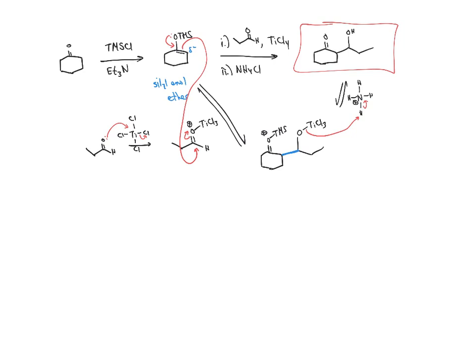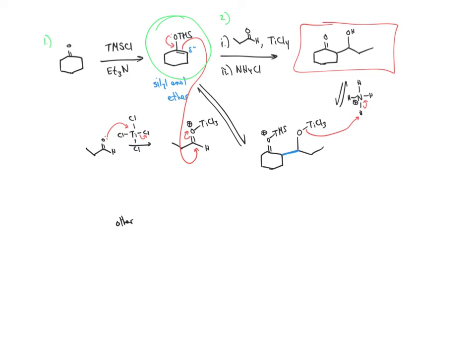We can control which kind of aldol product we get by using the intermediacy of the silyl enol ether. So we first form the silyl enol ether in a separate flask, then we take that silyl enol ether and in the second reaction flask perform the Mukaiyama aldol reaction, in which we already have control over which species is nucleophilic.